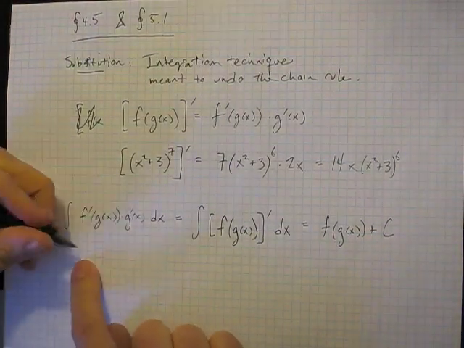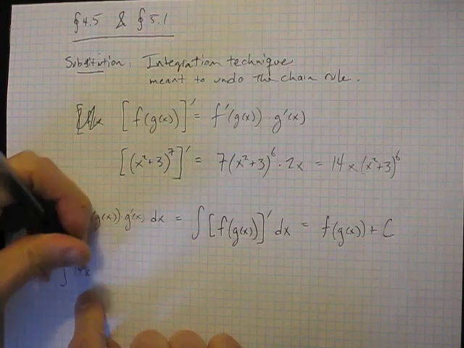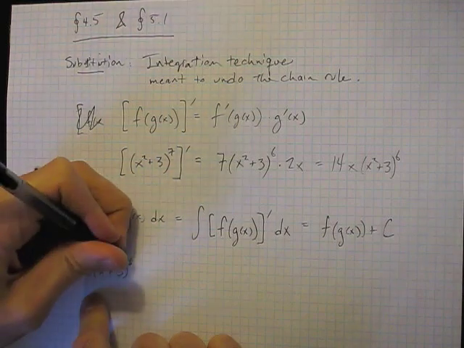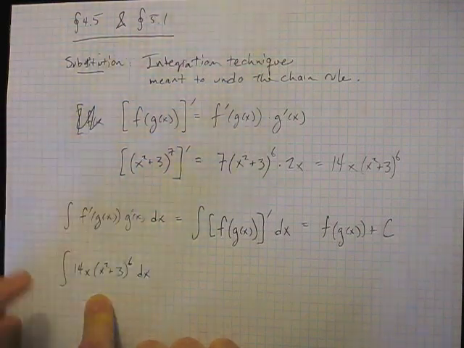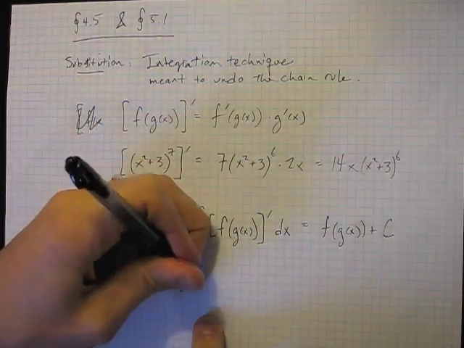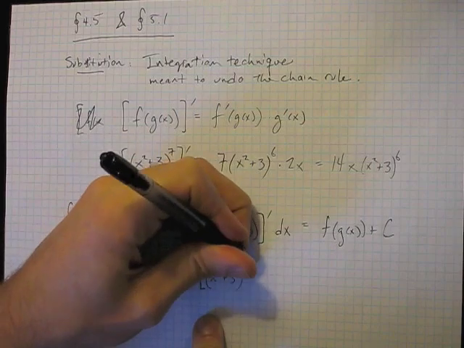So in our example here, if we saw something like 14x times x squared plus 3 to the 6th power, then we would say, oh, this is the same thing as the integral of the derivative of x squared plus 3 to the 7th power.